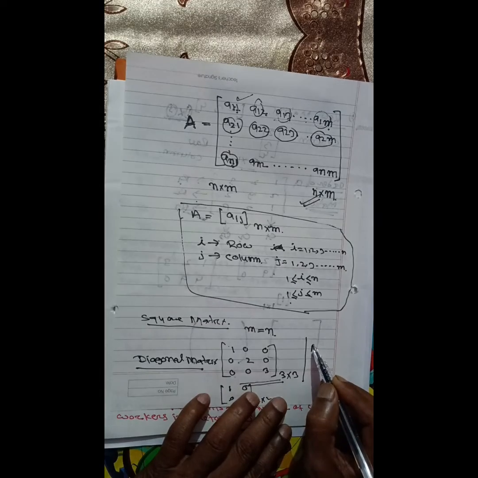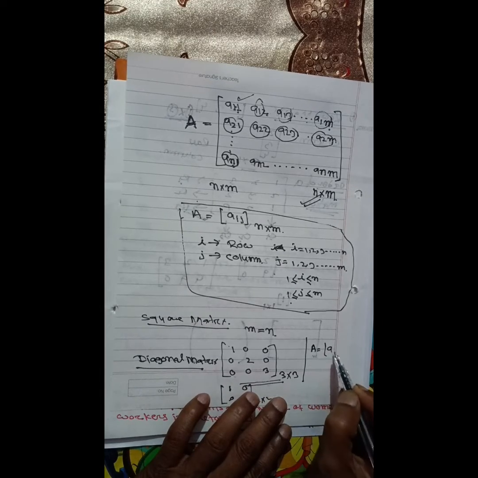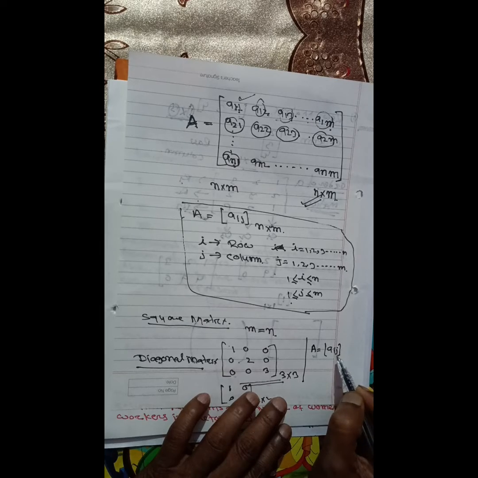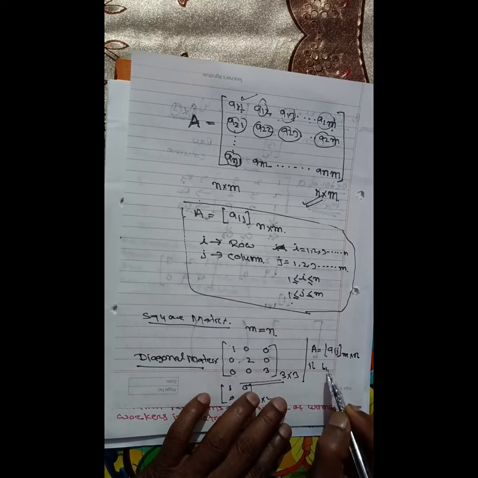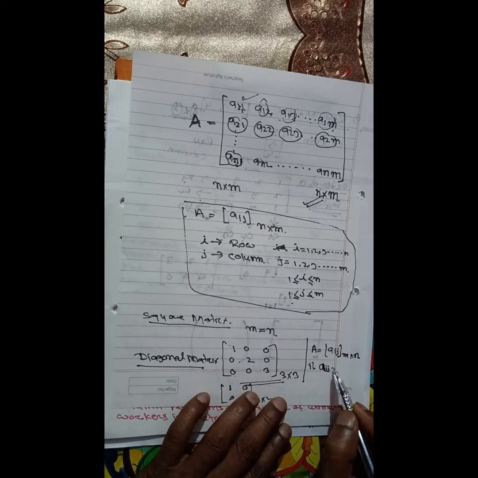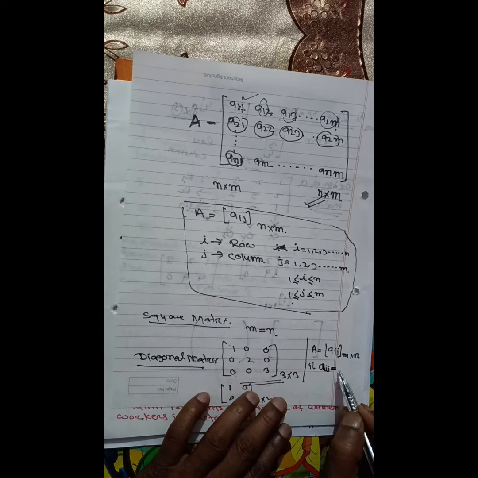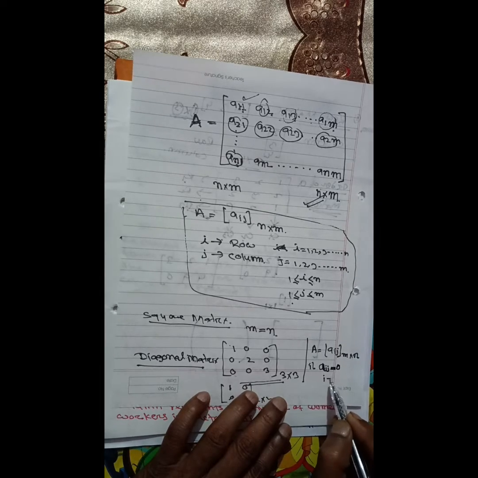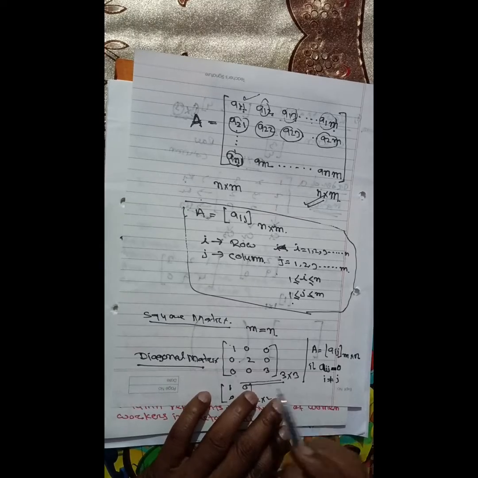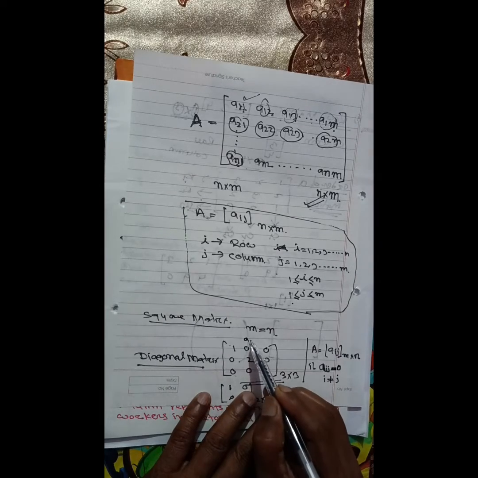Simply, in this case we say for the diagonal matrix: suppose A equals Aij of order M cross N. If Aij is equal to 0 when i is not equal to j. Here A12, i is not equal to j.